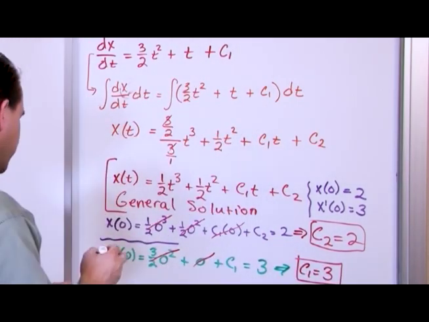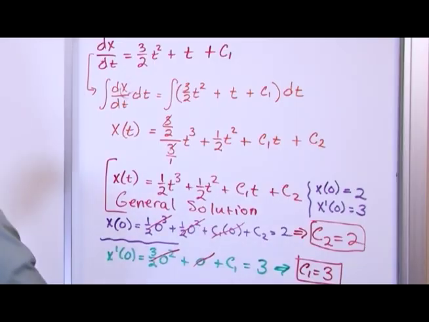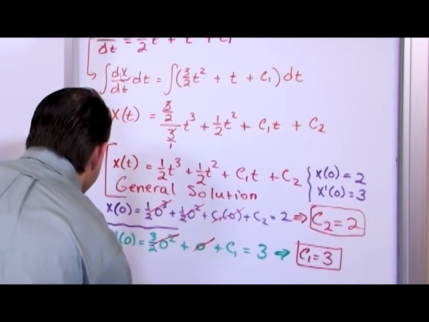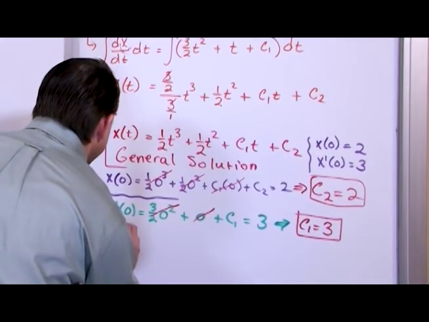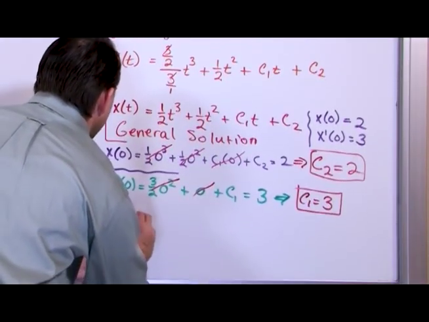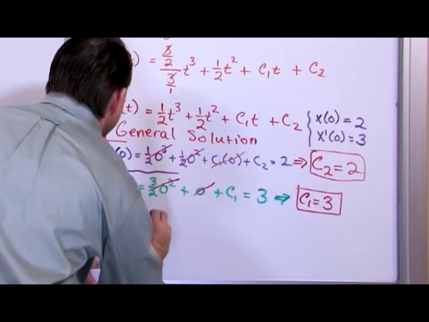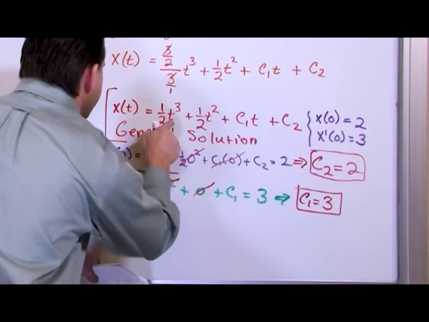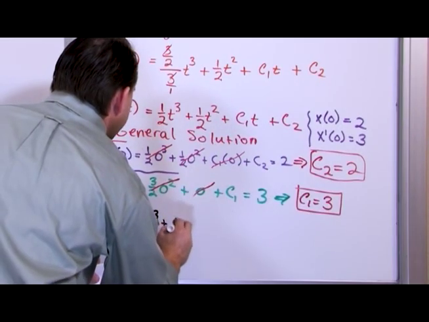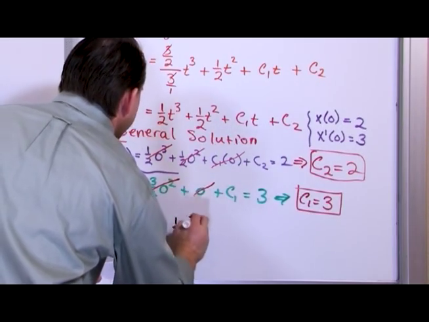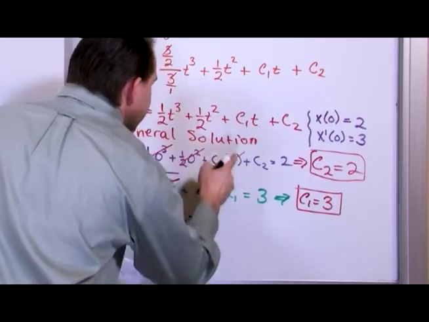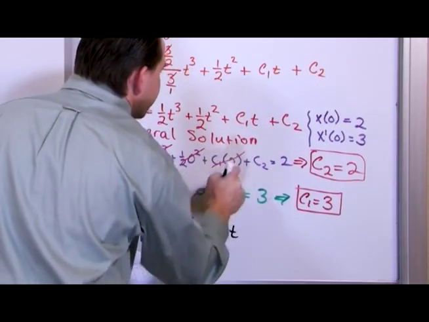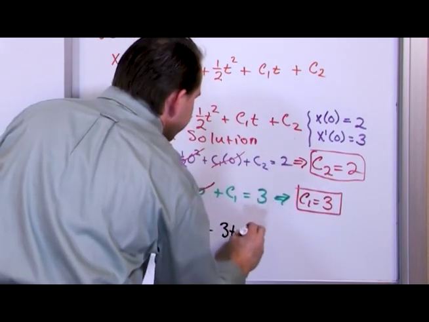Okay, so that's important. So now that we have that, we can write down the final answer for the specific solution. So x of t for the specific solution is equal to 1/2 t cubed from here plus 1/2 t squared from here plus constant 1, which is 3t right here, plus constant 2, which is 2.